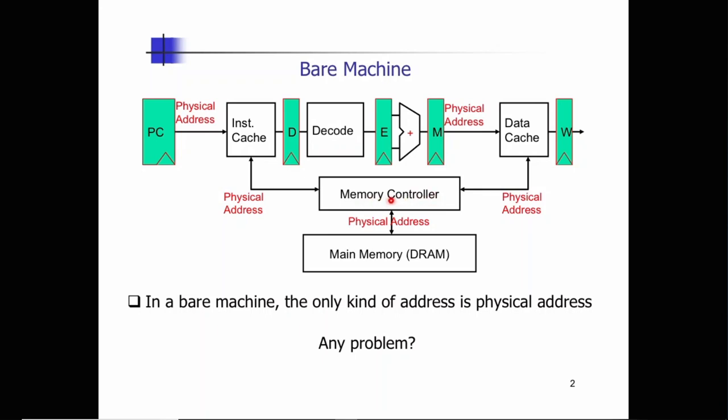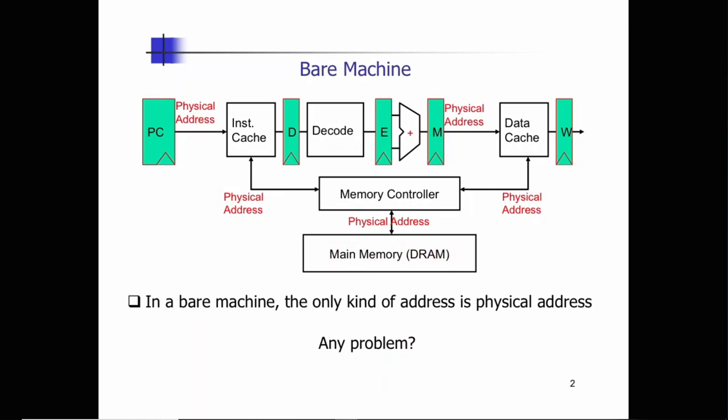And we would need a memory controller that facilitates those addresses to make sure that the access to the instruction cache and the data cache can take place. But that is going to be communicated through a physical address location. That physical address is the same address we would need to interact with the main memory, the dynamic RAM.